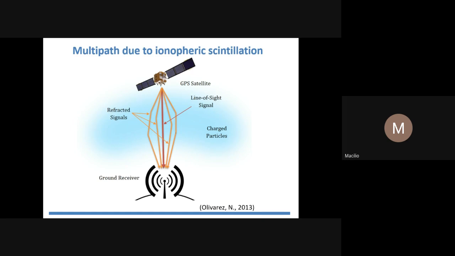All these phenomena generate new paths, new rays, so that at the receiver we receive part of the signal that came directly from the transmitter, which we call the line of sight signal, with several rays that came from different directions that form what we call the multipath signal.